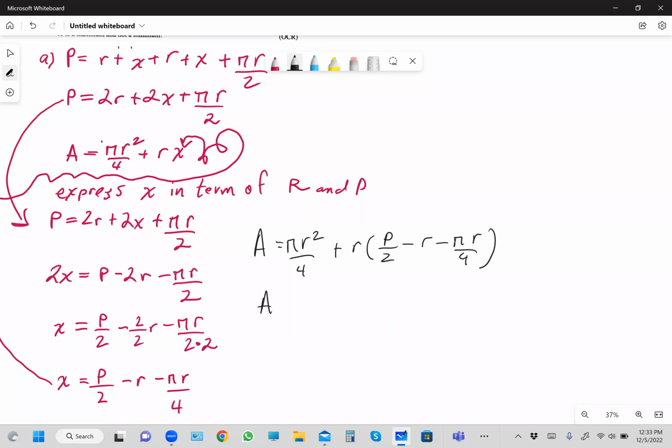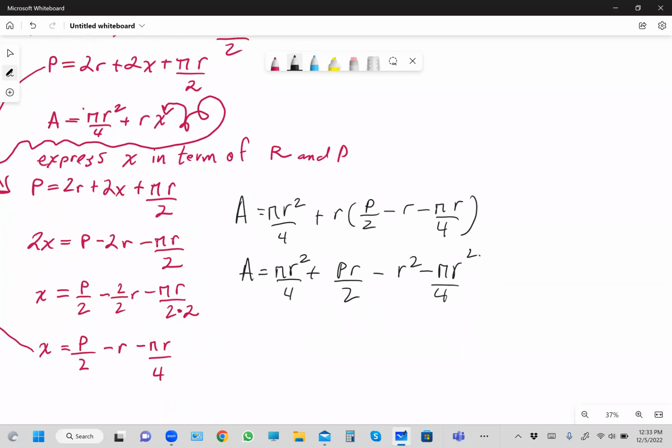So that's pi R squared divided by 4 plus PR divided by 2 minus R squared minus pi R squared divided by 4. I wrote such an ugly 4. Let me fix it. I don't have to put the parentheses because I distributed.